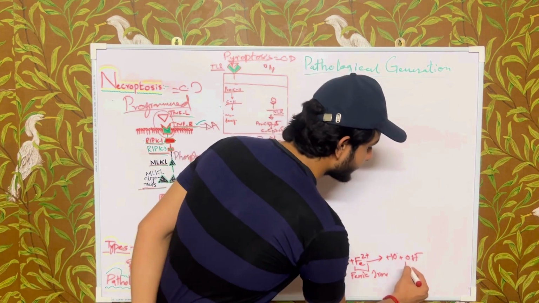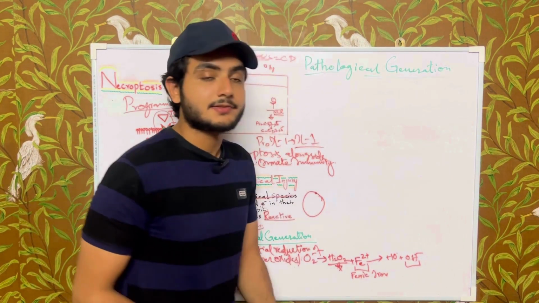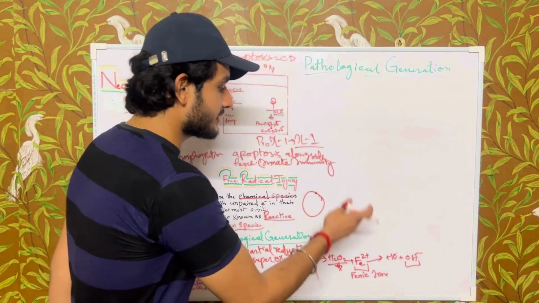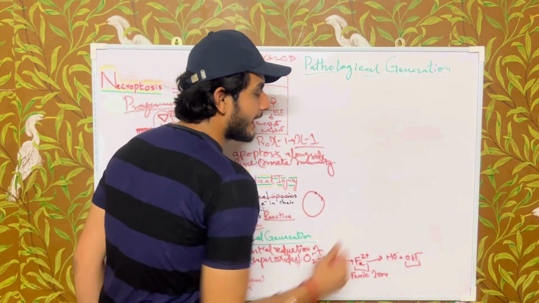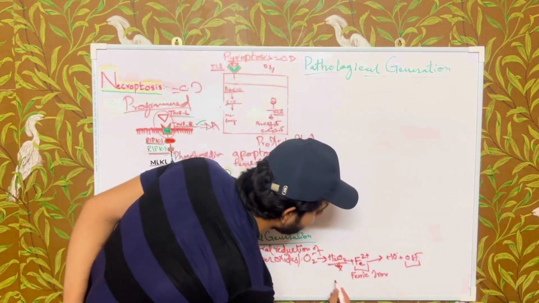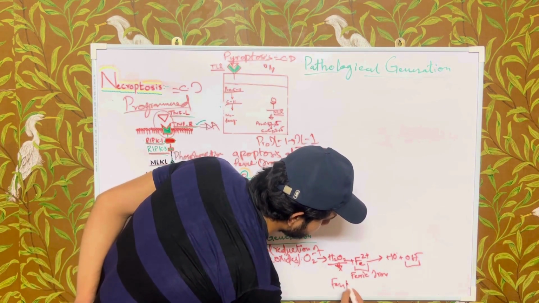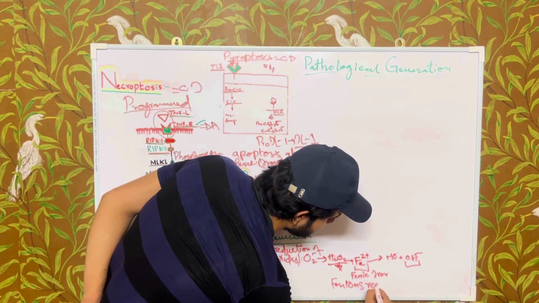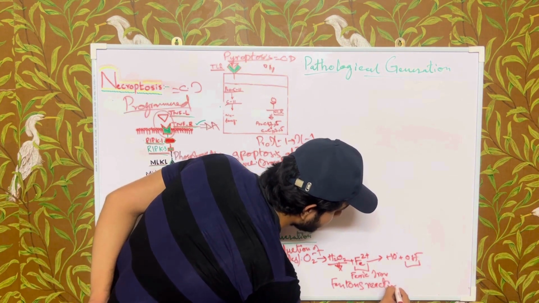These hydroxyl ions act as free radicals. The process involved in the generation of hydroxyl ion is known as Fenton's reaction. So this point must be clear to you.